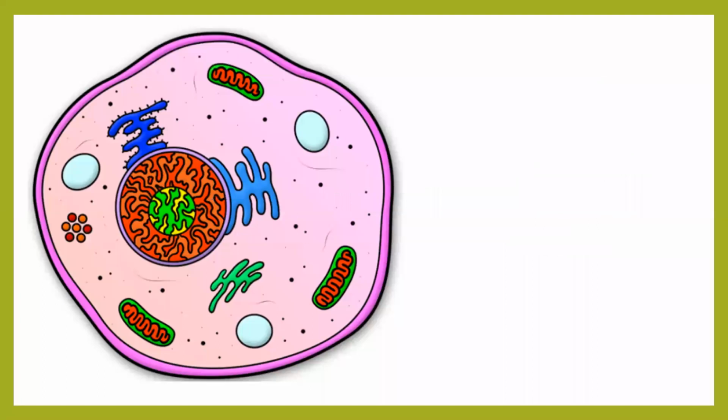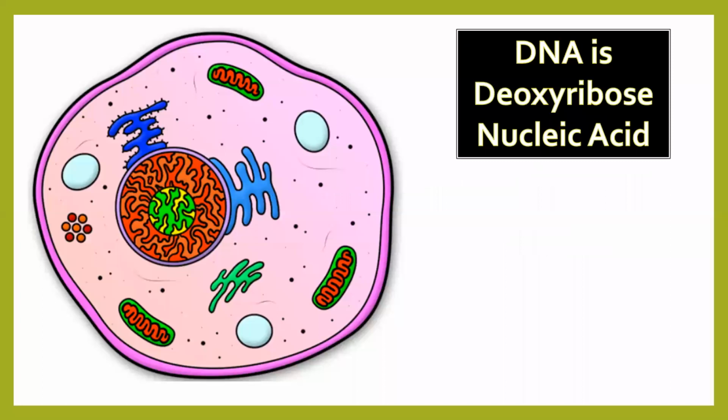Now let's move on with the next twist. Okay, we know that DNA is also called deoxyribose nucleic acid. I believe that you know the abbreviation of this DNA, but if you aren't aware, please make note of it. Now, from the word, what comes to our mind? DNA is an acid. Deoxyribose nucleic acid.